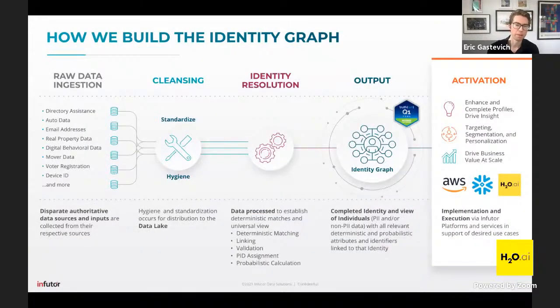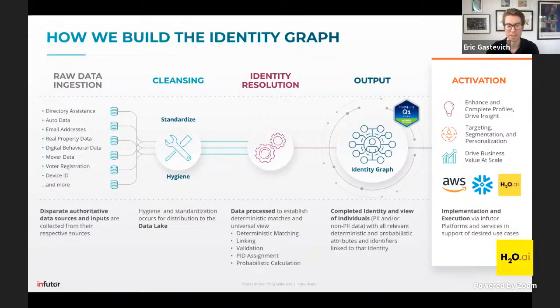How we build the graph: the point of this slide is that there are a number of steps that are, to be honest, very expensive steps, but we go through those steps so that, through wonderful partners like AWS and Snowflake, our data can be just a couple clicks away from you. So if you prefer to go through a marketplace and not ever have to talk to somebody like me, the data is there.